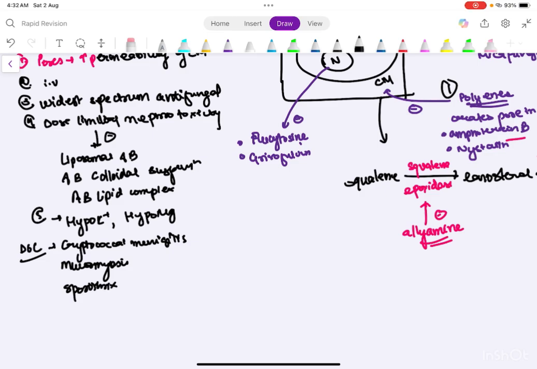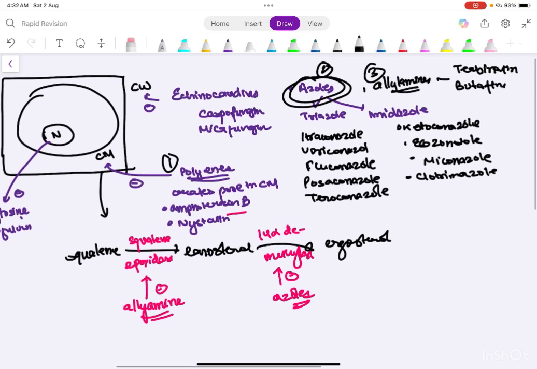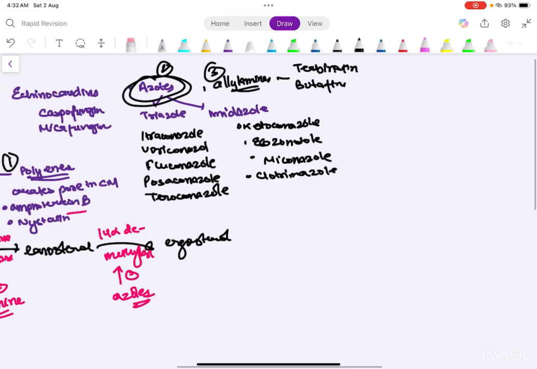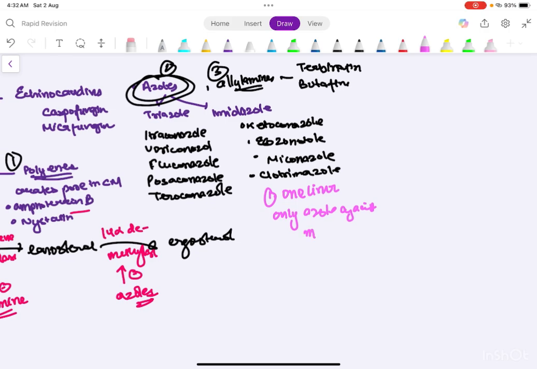Okay. Now let's talk about the azoles. Now in azoles there are many one-liner questions. So first one-liner: the only azole effective against mucormycosis is posaconazole.